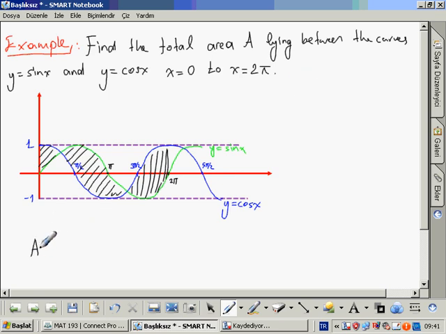Look at the area. Area equals the integral from 0 to 2 pi of the absolute value of cosine x minus sin x dx. When you remove this absolute value, you need the upper and the lower values.